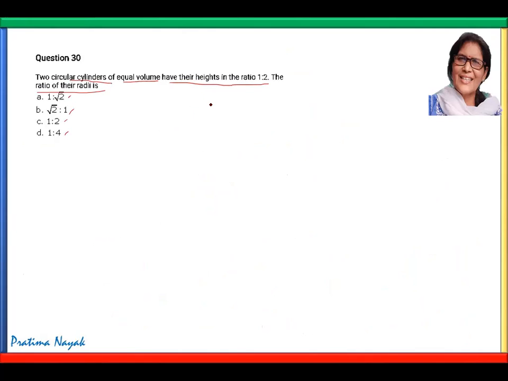So their heights are given. First height, let it be x. Ratio is 1 is to 2. So first height is x and second height is equal to twice x. And the radii r1, r2 we don't know. But the volume is equal. V1 is equal to V2.